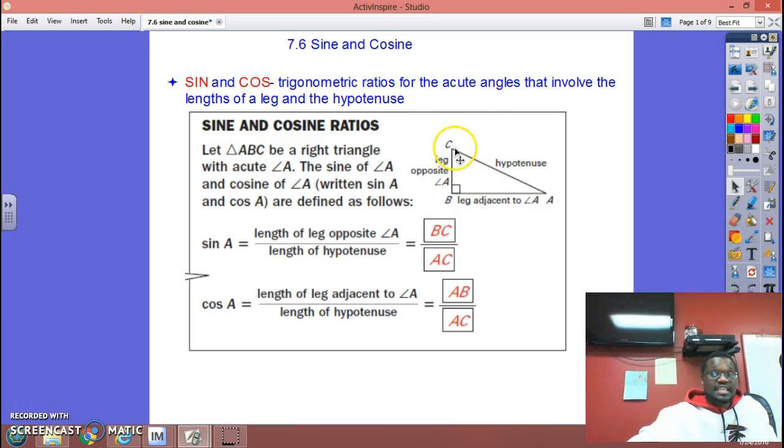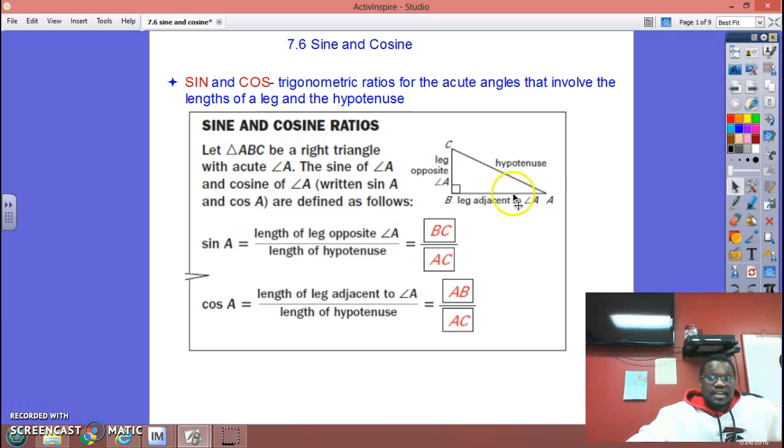Sine of C is this side over the hypotenuse. So it depends. So sine of A is BC over AC. And sine of C would be BA over CA or AC.